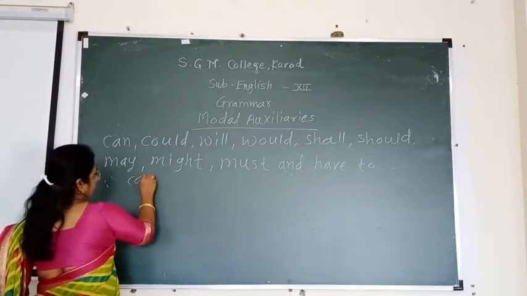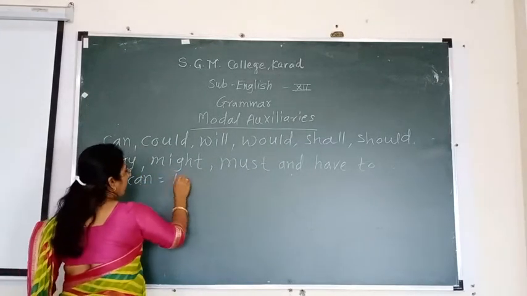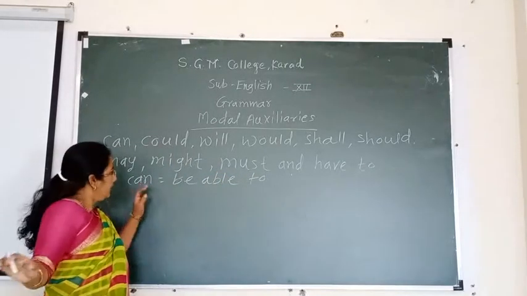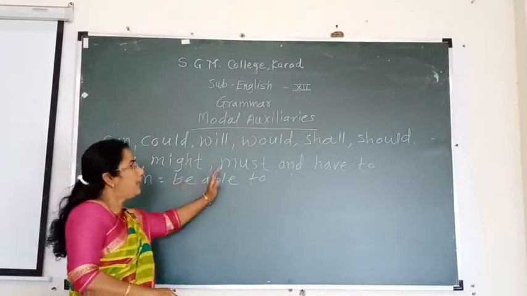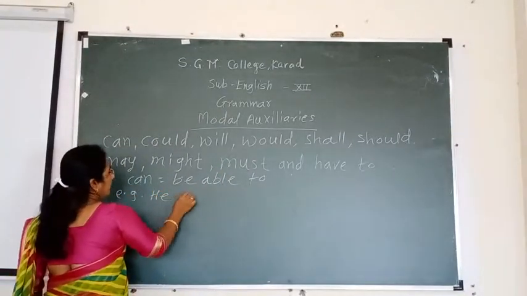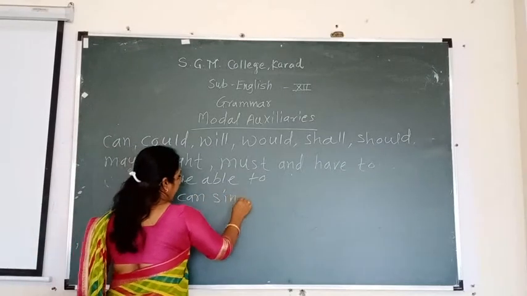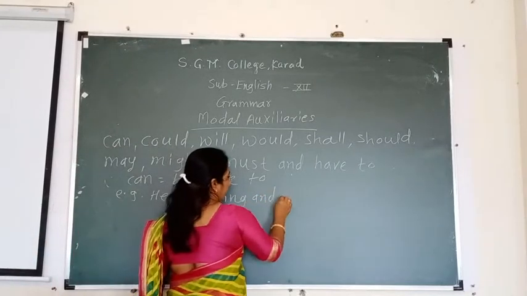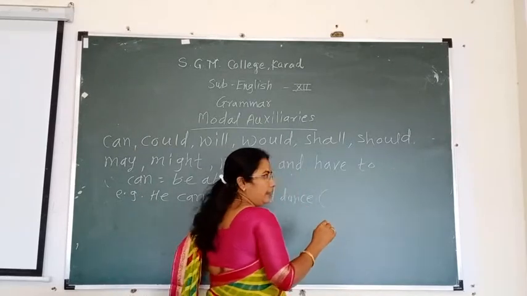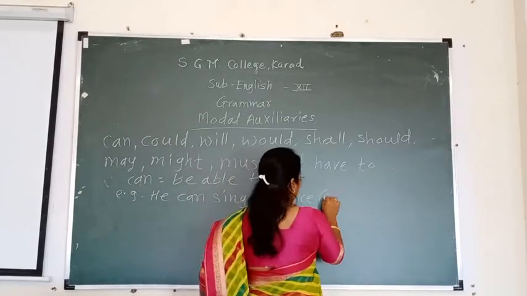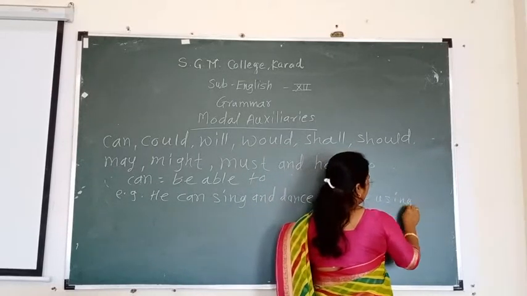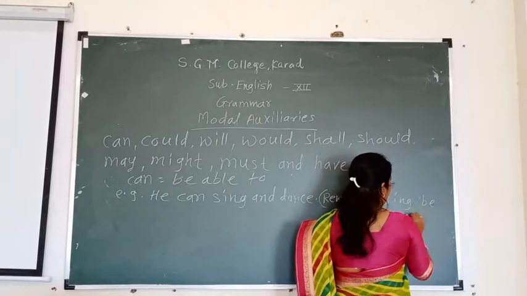Can is equal to be able to. Means can is replaced by be able to. For example, he can sing and dance. The instruction is also given in the bracket, rewrite using be able to.